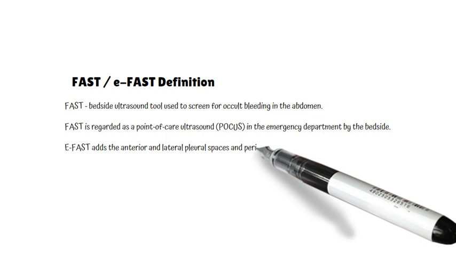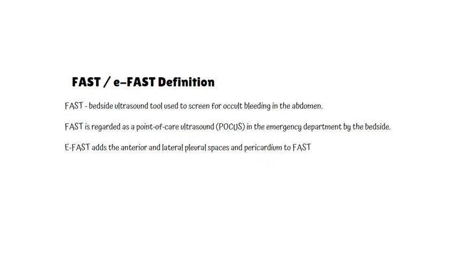To take note that FAST is only referring to the abdomen. eFAST, on the other hand, is extended focus assessment with sonography in trauma and adds the anterior and lateral pleural spaces and the pericardium to the traditional FAST examination.